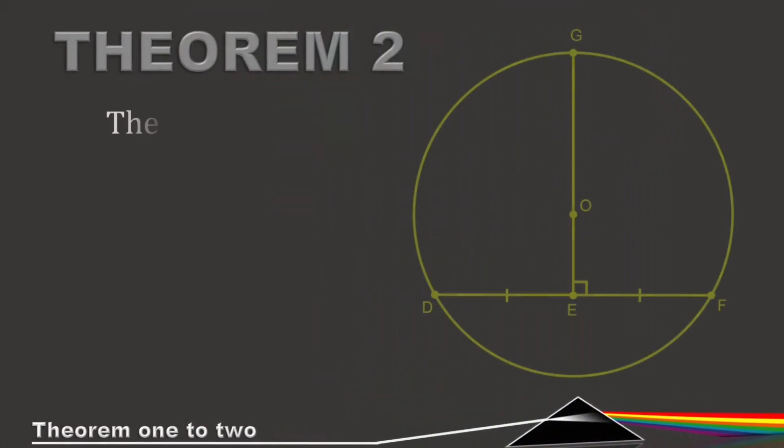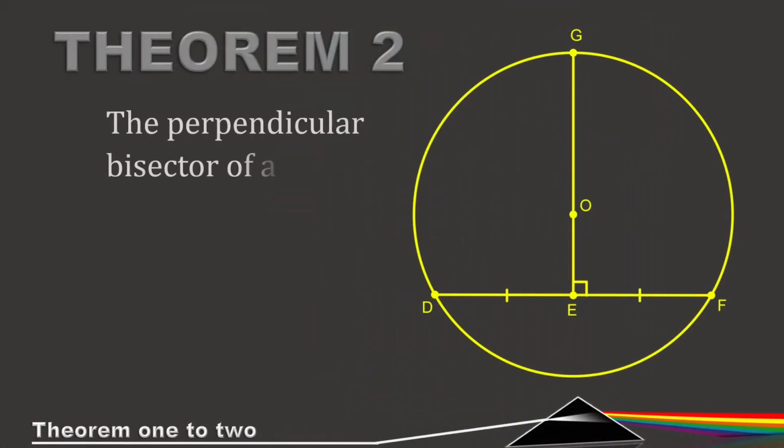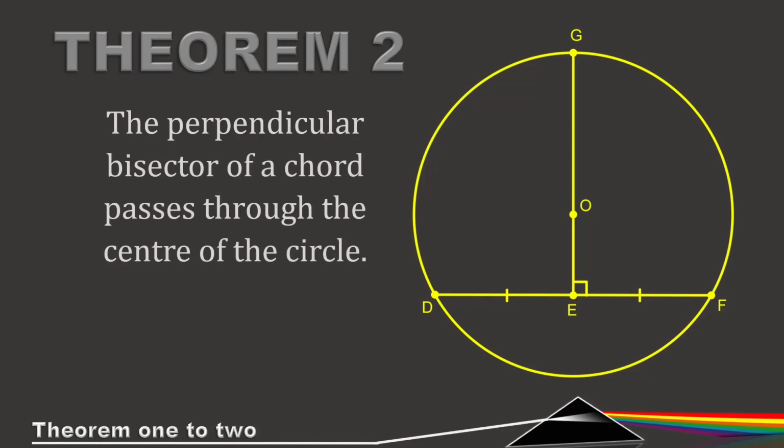So theorem 2 says the following: the perpendicular bisector of a chord passes through the center of the circle. Okay, let's see how that applies. Now, I give you a circle. We don't know where the center is, okay? We basically just know that we've got chord DF, and I tell you, draw a line that bisects DF.